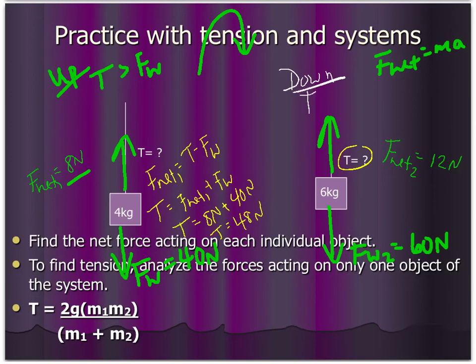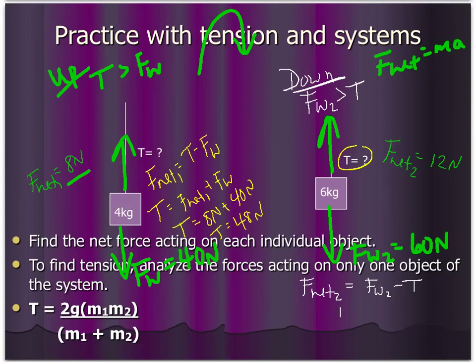So that tells me that my FW2 has to be bigger than my tension. So for this one, when I write my F net, I know that my FW2 is my bigger force, so I take that minus tension.